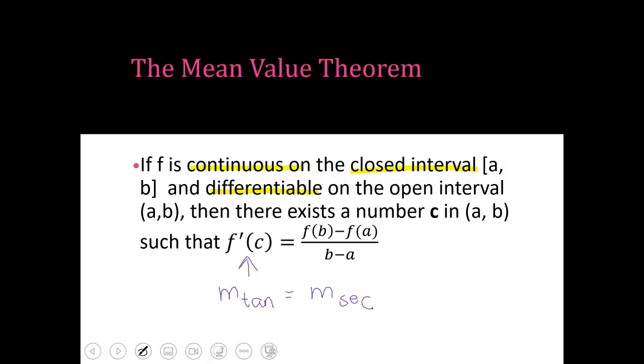Differentiability implies what? Continuity. So they might not put the word continuous in there. You have to know and remember differentiability implies continuity. So they may not put the word continuous, but if they put differentiable, you need to know it implies continuous.